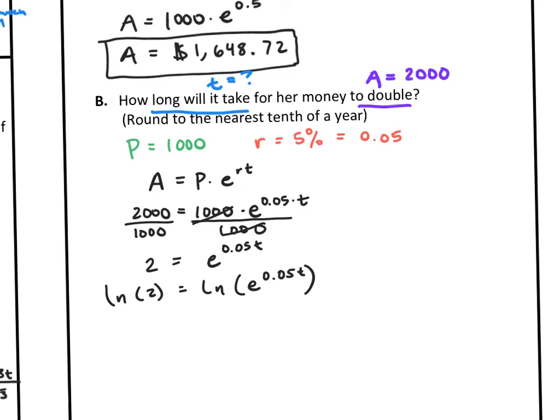And then I'm going to bring the exponent to the front. So I'm going to copy ln of 2, and bring the exponent to the front times ln of e. But remember from the previous problem that ln of e is equal to 1.